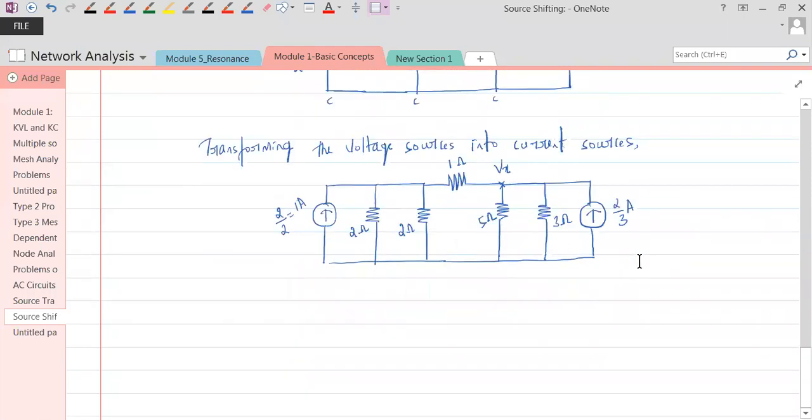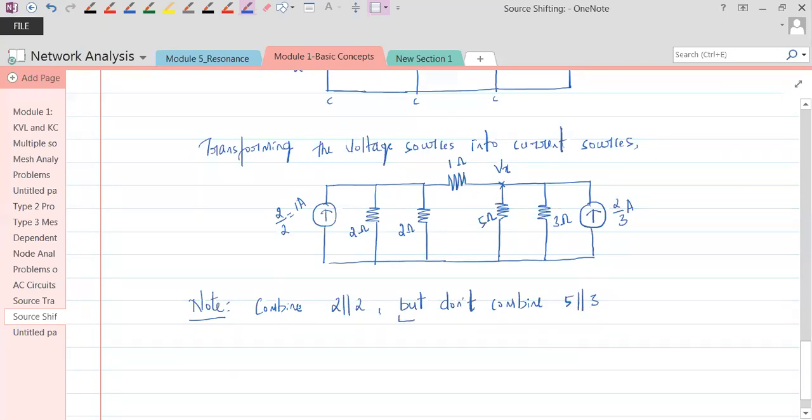Okay, so you can make a note here if you want. Note, just for your reference. Combine 2 parallel 2, but don't combine 5 parallel 3.